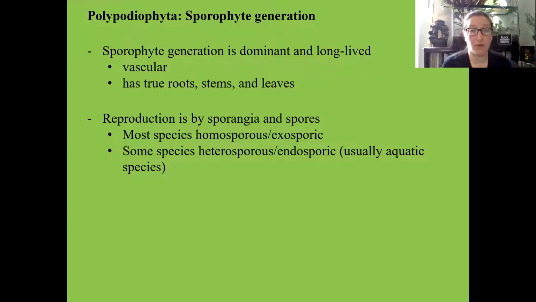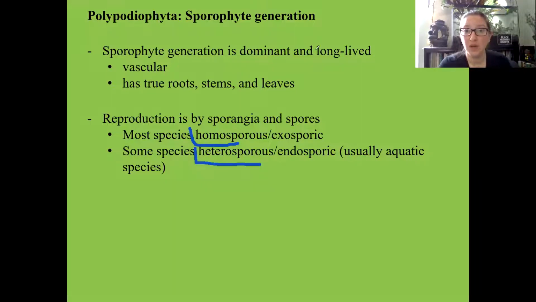So just a little bit of a reminder, whenever you see these terms: homosporous and heterosporous refer to the sporophyte plant, because the sporophyte plant is what is shedding spores. So if a sporophyte plant is homosporous, it is going to shed one type of spore. If the sporophyte plant is heterosporous, it's going to shed two types of spores, right?